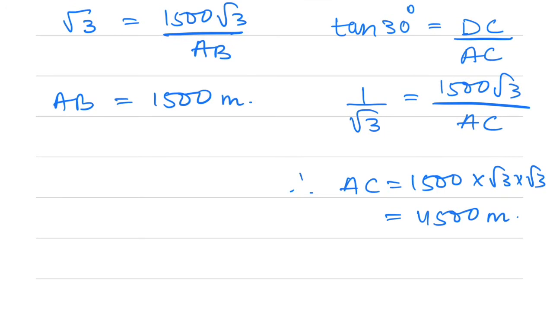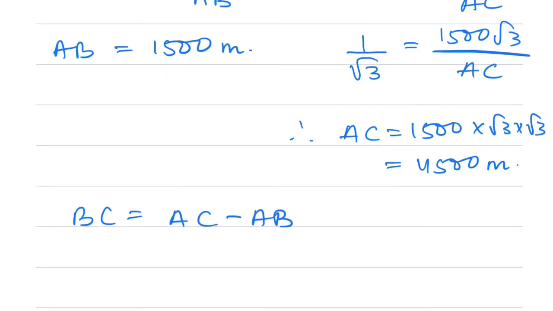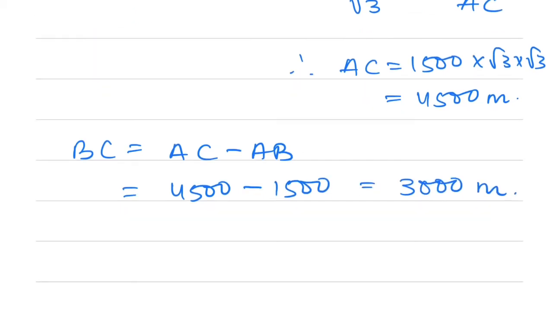Okay, now we have to find BC. So BC will be equal to AC minus AB. So we have AC as 4500 minus 1500, so 3000 meters. Now speed, we know, is equal to distance by time.